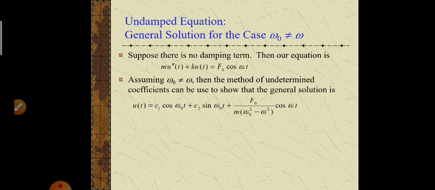Assuming omega 0 is not equal to omega, the method of undetermined coefficients can be used to show that the general solution is u t is equal to C1 cos omega 0 t plus C2 sin omega 0 t plus F0 divided by m times omega 0 square minus omega square, cos omega t.